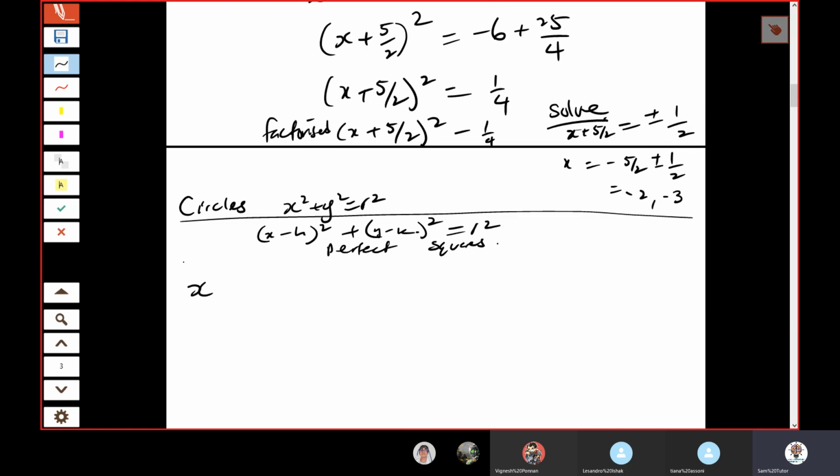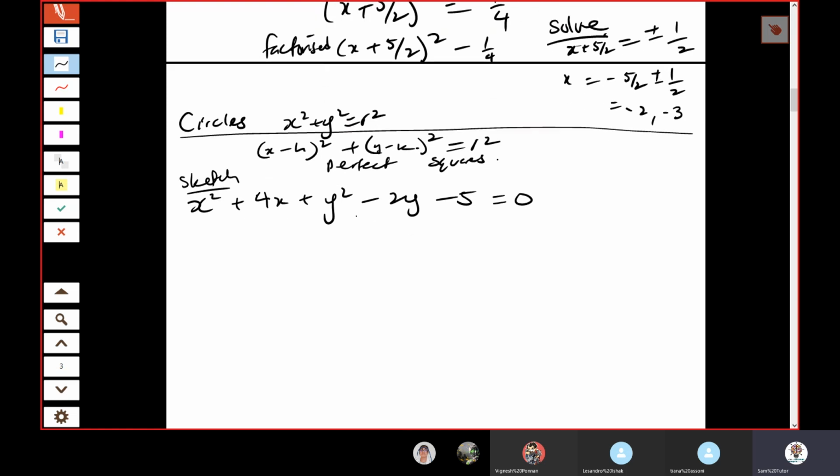So for example, if I said sketch this, sketch x squared plus 4x plus y squared minus 2y minus 5 equals 0, you're going to look at that and be like, what? I know it's a circle because it says x squared and y squared, but I don't know where the center is, I don't know what the radius is, so you've got to complete the square.